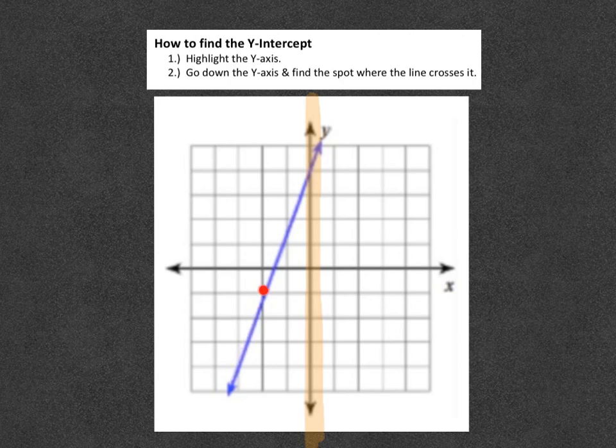If I come straight up, following this path, right here you can tell my highlighted y-axis is being intersected at this point right here. So I'm going to place a dot right in that location. This is the y-intercept. The place where the graph crosses the y-axis.